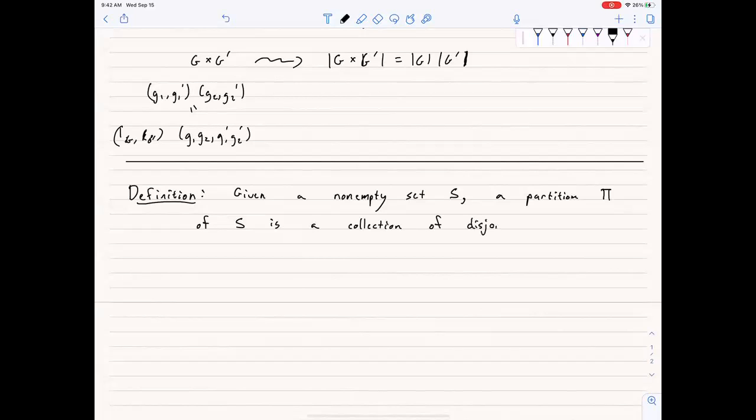Furthermore, they're disjoint non-empty subsets whose union is S.